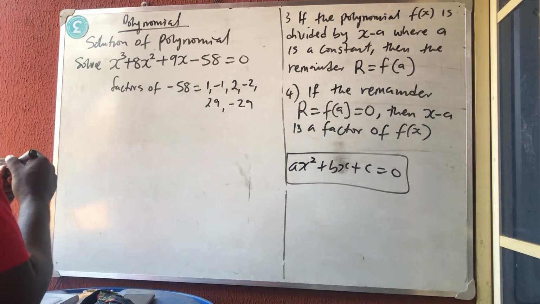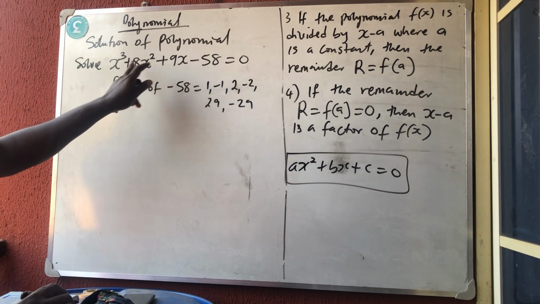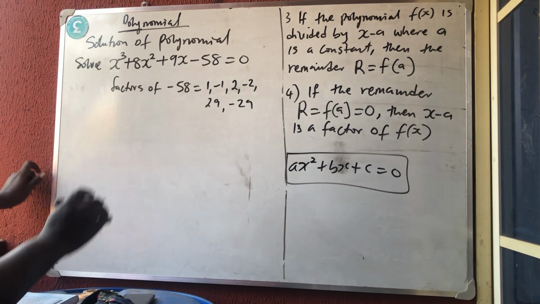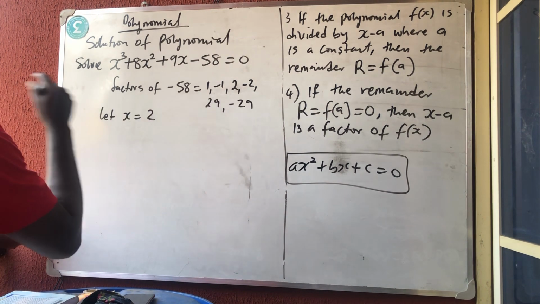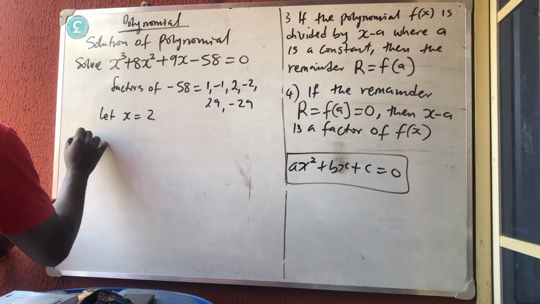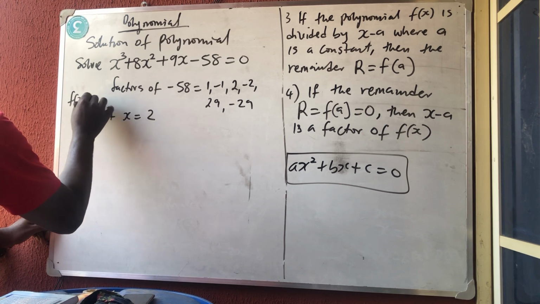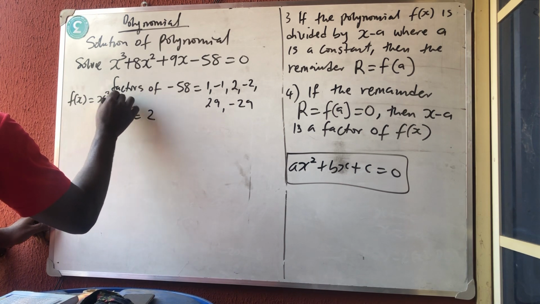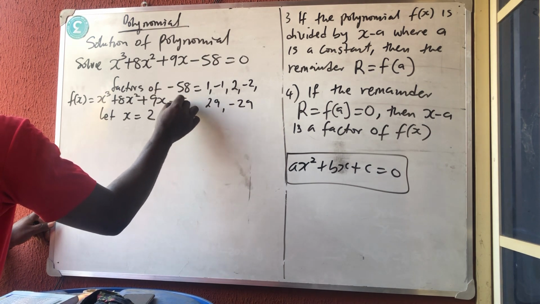Okay? If I put 1 here, let me go straight and put 2, I know what happens. Let me put 2. We'll say let x be equal to 2, which means anywhere I see x, I'm going to put 2. So in fact, let f of x be equal to x cubed plus 8x squared plus 9x minus 58 equal to 0.